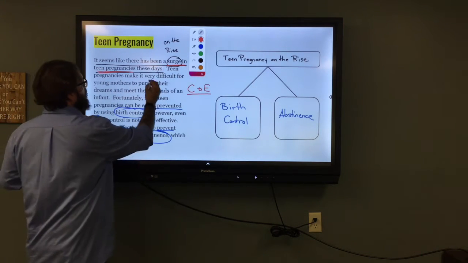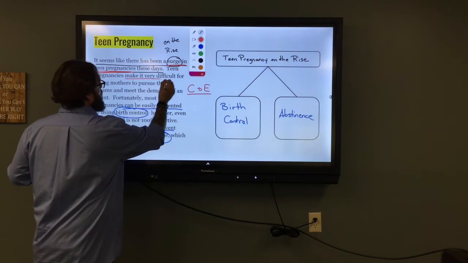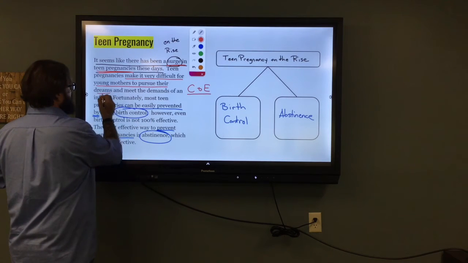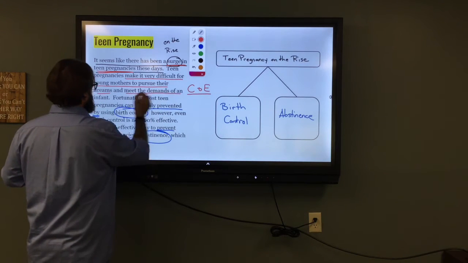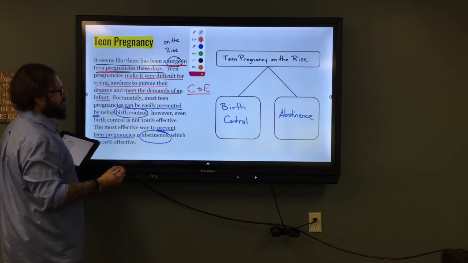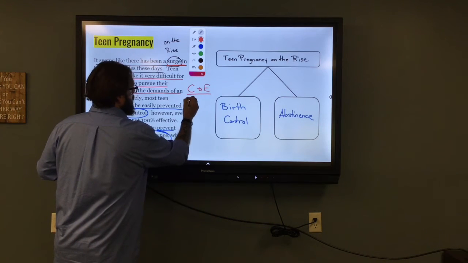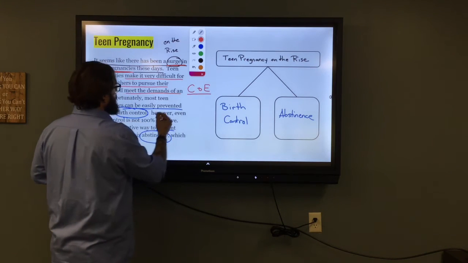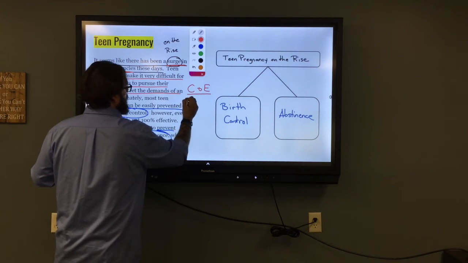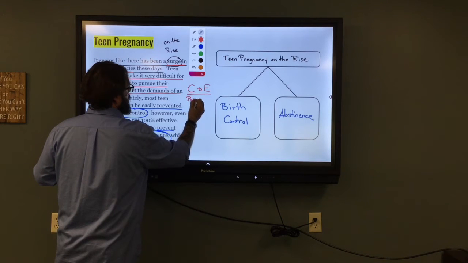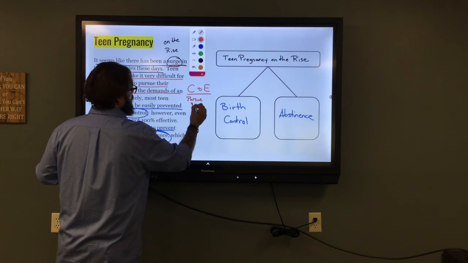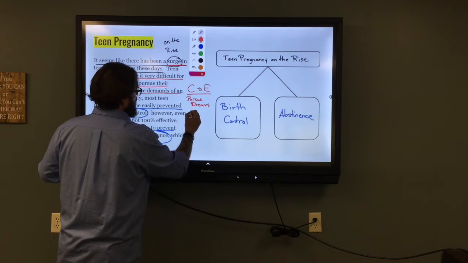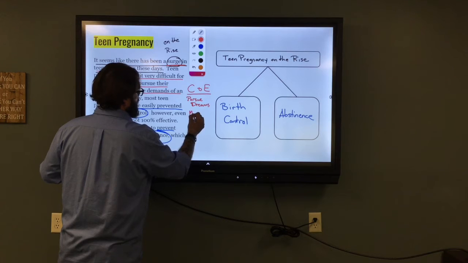The effect, make it very difficult for young mothers to pursue their dreams and meet the demands of an infant. So we see the cause is teen pregnancies on the rise, and the effects, difficulties pursuing dreams, and then meeting the demands of an infant.